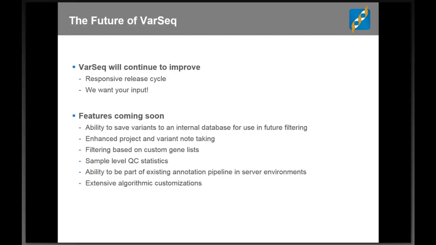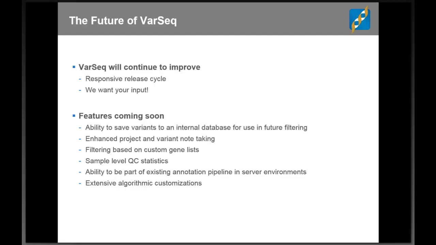A few things that I can tell you about right now that are coming soon will be the ability to save variants to an internal database for use in future filtering, and enhanced project and variant note-taking capability. I mentioned Evernote integration in passing, but even beyond Evernote, we'll be giving you the opportunity to take notes on observed variants and be able to see those notes again if and when you observe the same variant in the future.